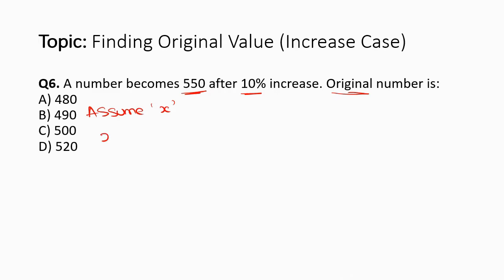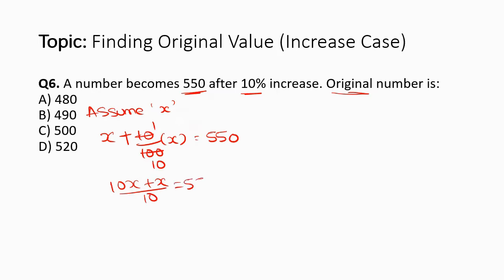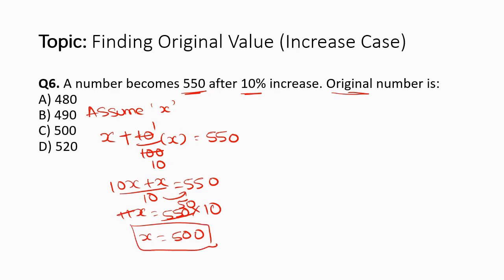So x plus x by 10 is equal to 550. 10x plus x by 10 equals 550. 11x equals 550 into 10, so x equals 500. The original value is 500.